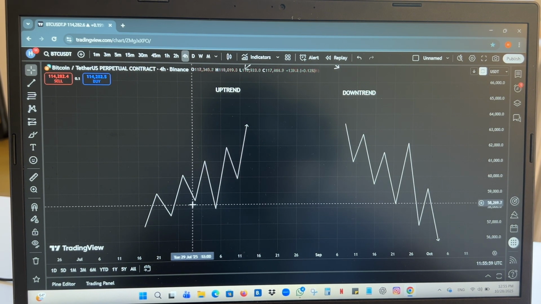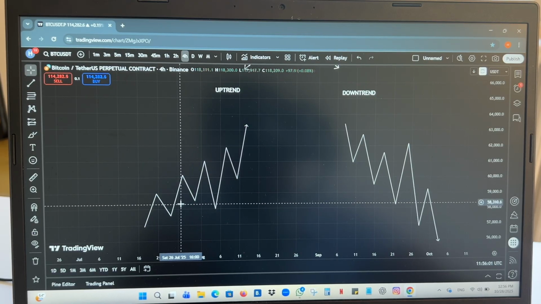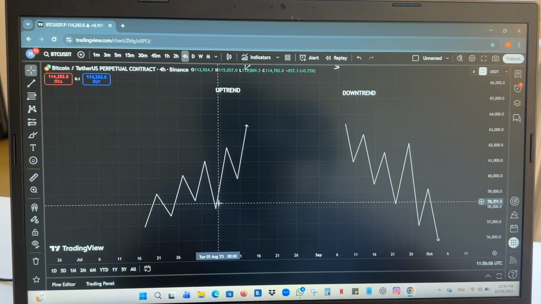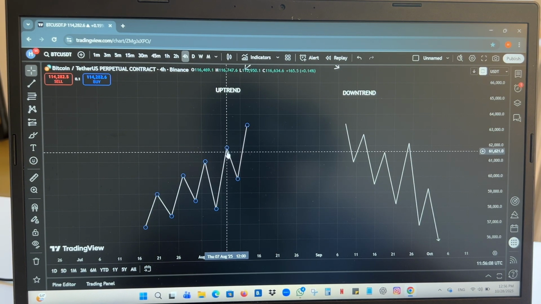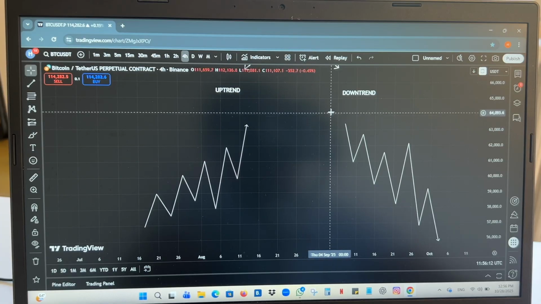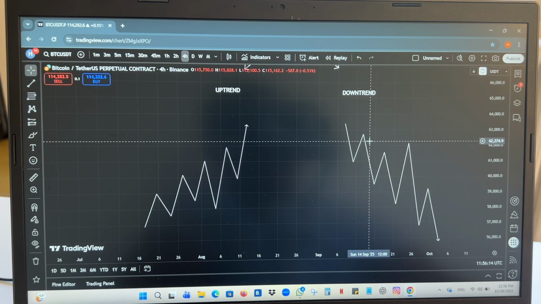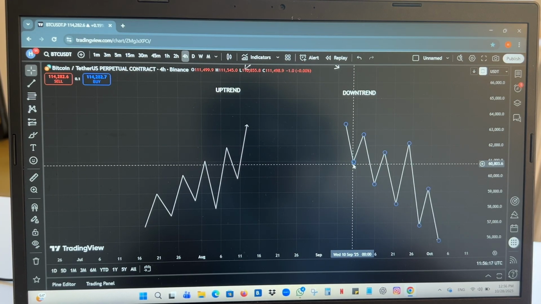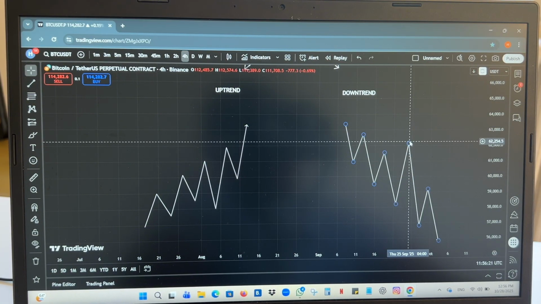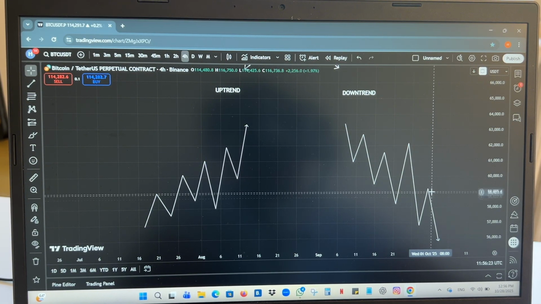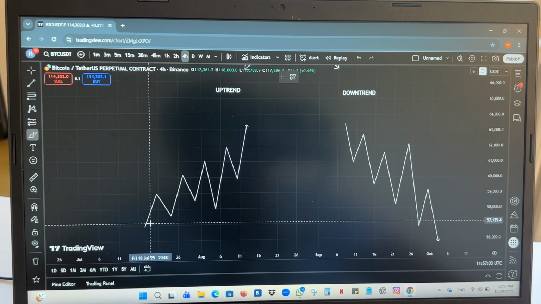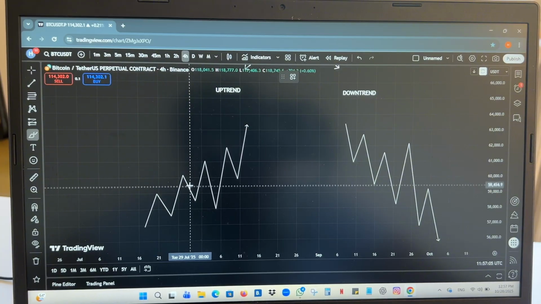When the market is making lower lows, it has hunted one of these lows, and the market just continued going in an uptrend. And just as in an uptrend, in a downtrend it also did the same thing. When the market is making low highs, it hunted one of these low highs and then went on going in a downtrend.